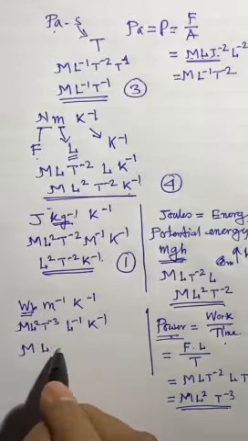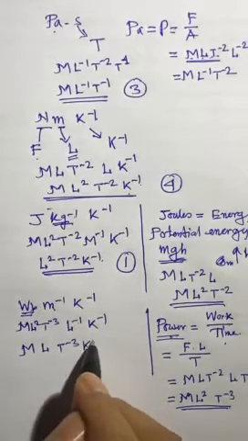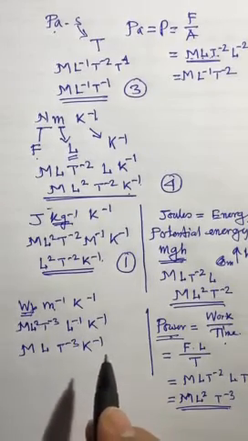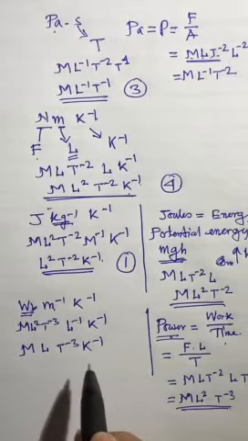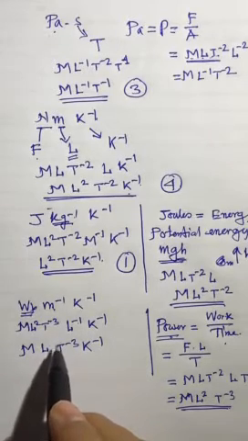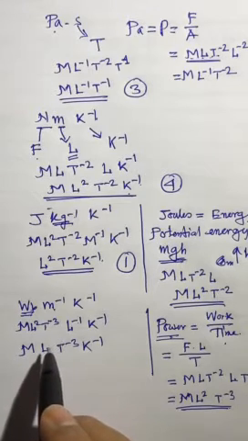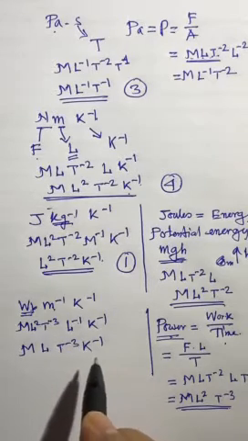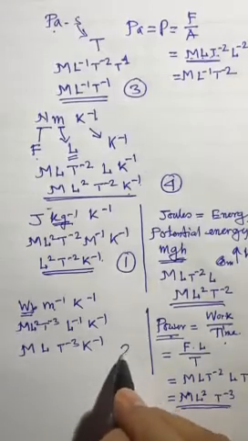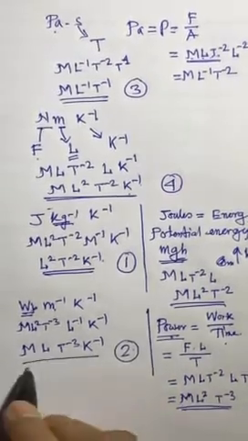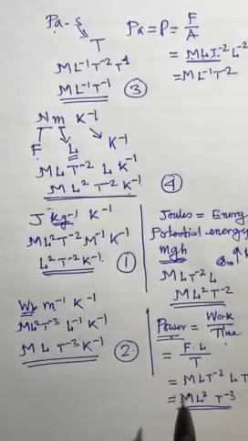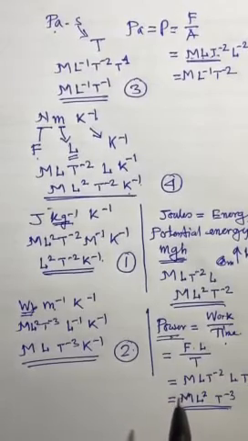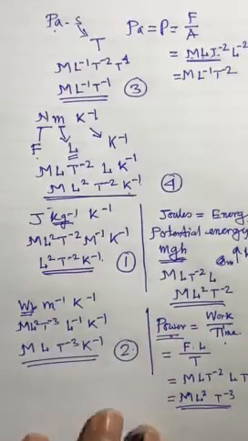It is coming m L t to the power minus 3, K to the power minus 1. So m L t to the power minus 3, then K to the power minus 1. So it is coming equation 2. So this is the way you can find out the dimension, and you can very much match in that question.